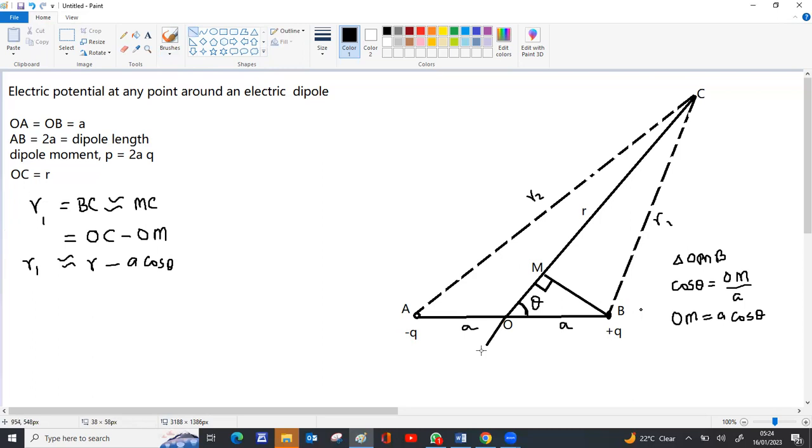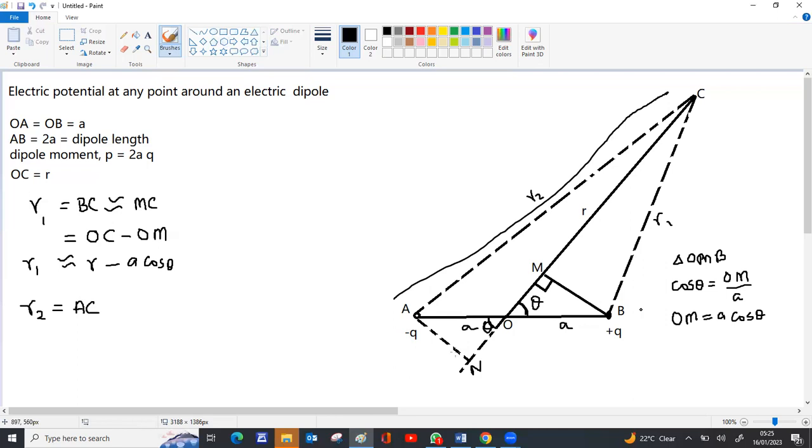Similarly, when you extend this as a dotted line and draw another 90 degrees from A, this angle is theta again, a vertically opposite angle. Let this point be N. r2 is exactly the same as AC.